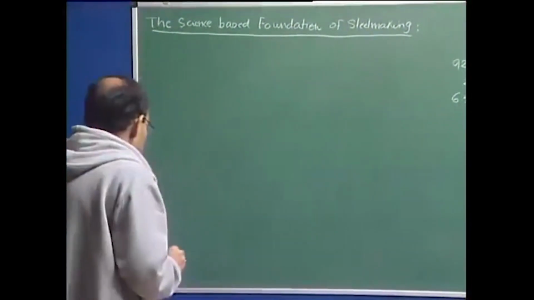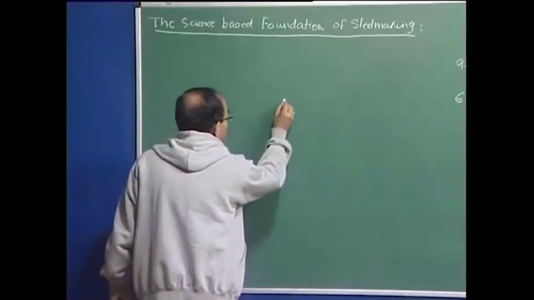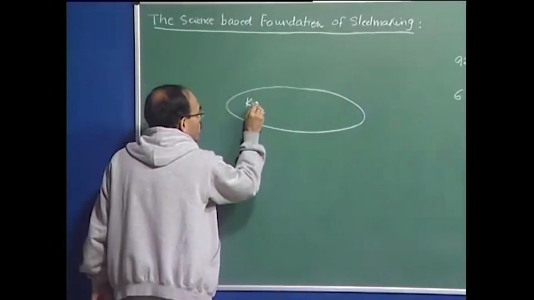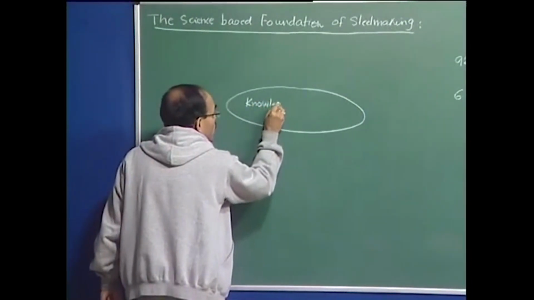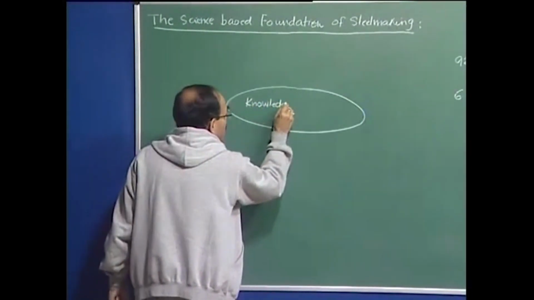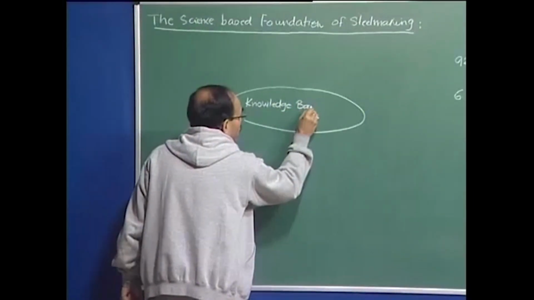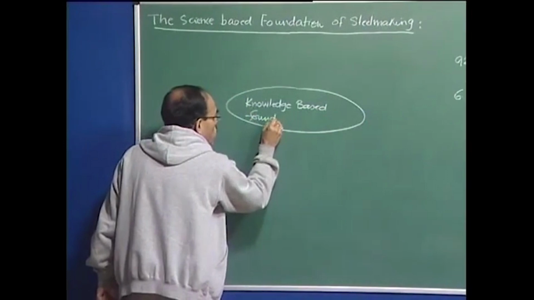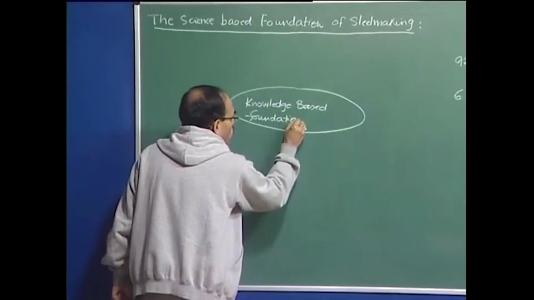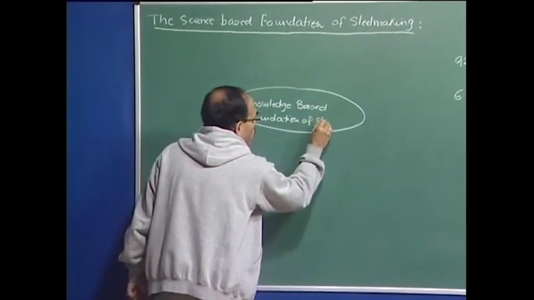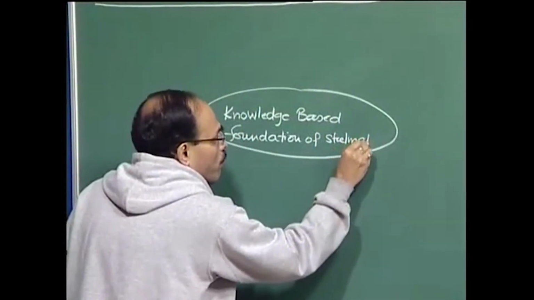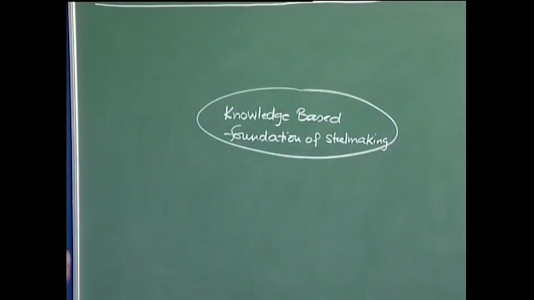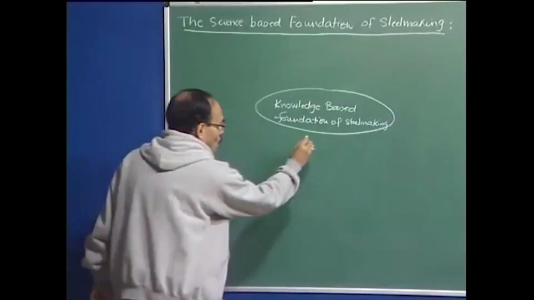Now, there is a huge knowledge based foundation of steel making. This I call the knowledge based foundation of steel making. I will tell you what its components are with a top down approach. If your knowledge based foundation of steel making is good, what can you do?